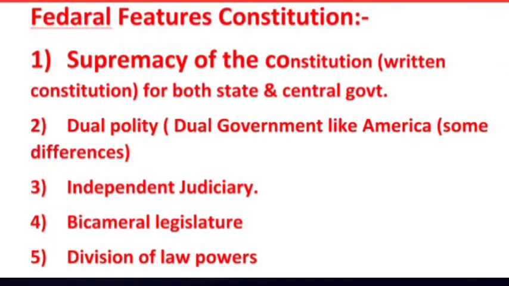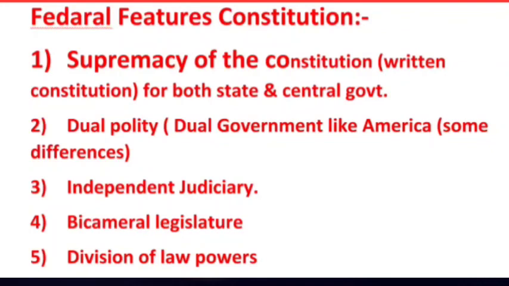Last one: division of law powers. Okay, here the government divides the powers. There are three lists. Union list has 97 points, state list has 66 points, and concurrent list has 47 points.